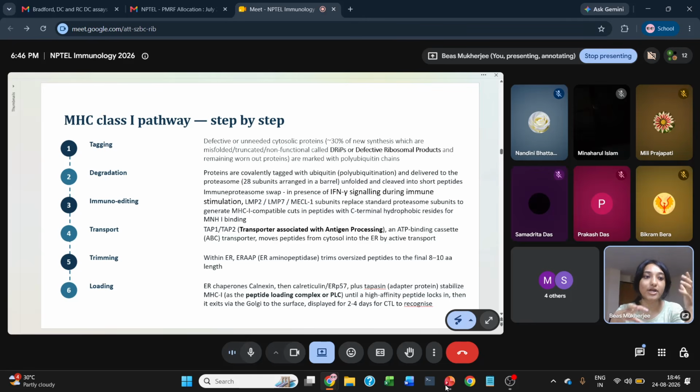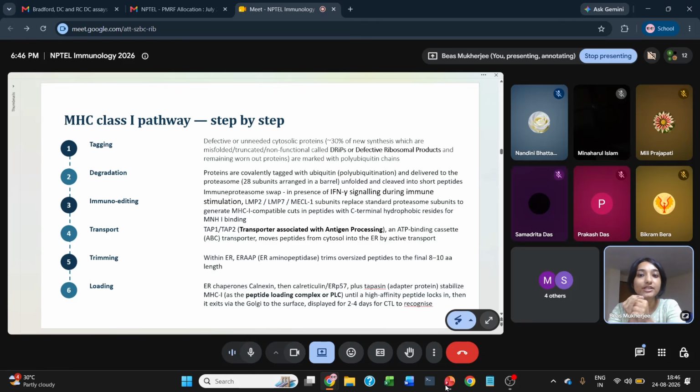So what is active transport? Active transport means that ATP is needed for this, and it is going from lower concentration to higher concentration, right? That is why ATP is needed. It is an active transport basically. Okay, and that is done by this ABC transporter known as TAP1, TAP2.